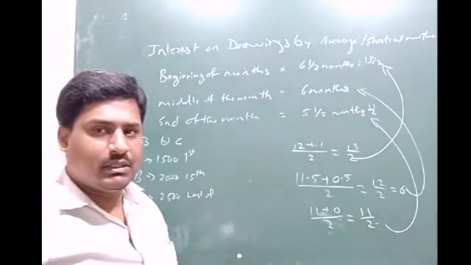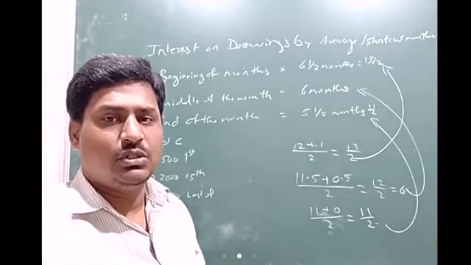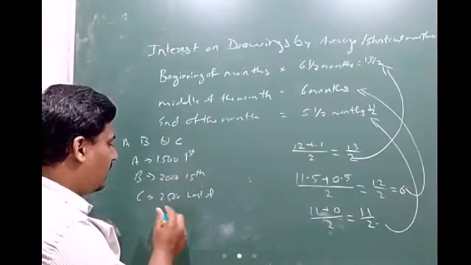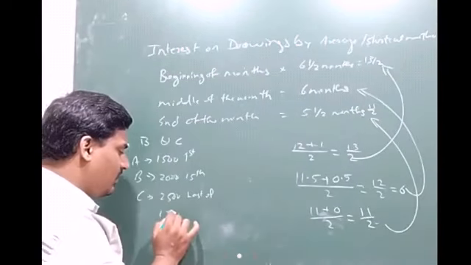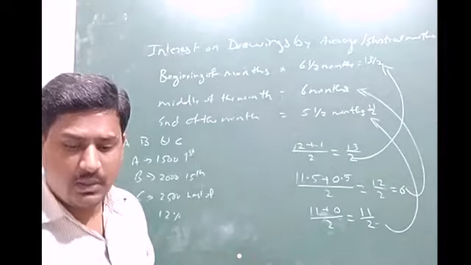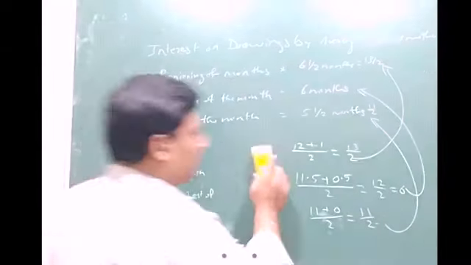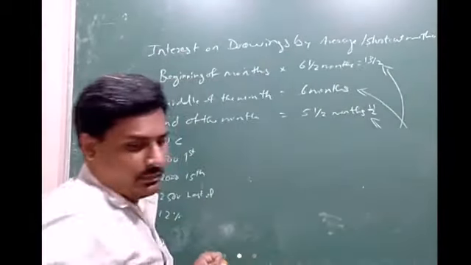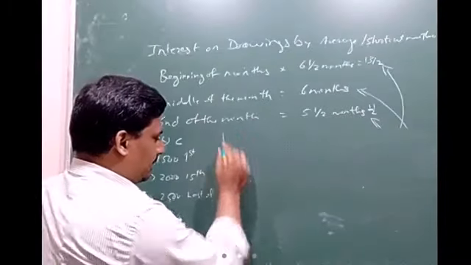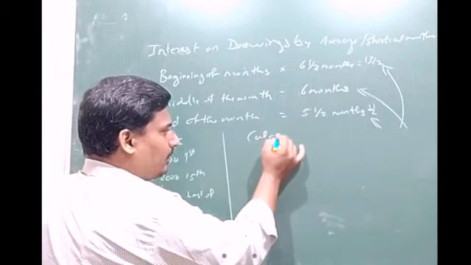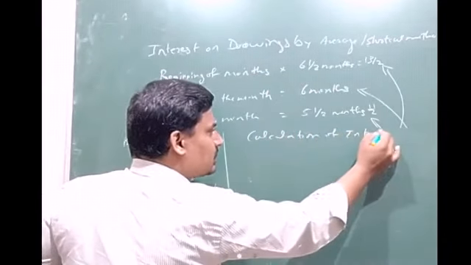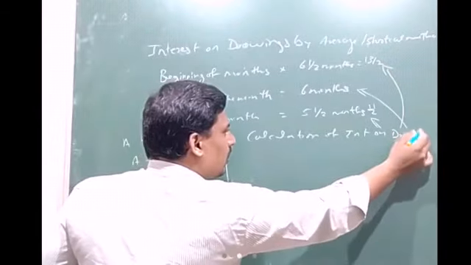So 3 persons, 3 different amounts on 3 different dates. The rate of interest charged is 12%. Now first person A, calculation of interest on drawings.